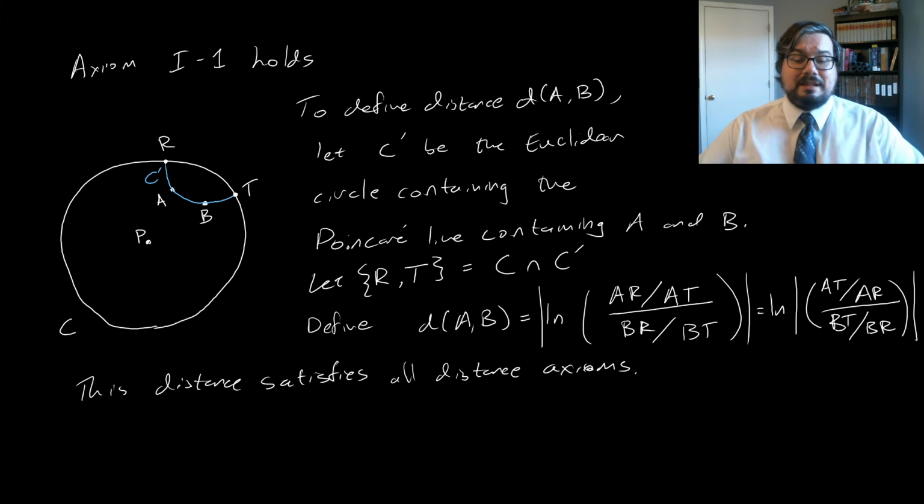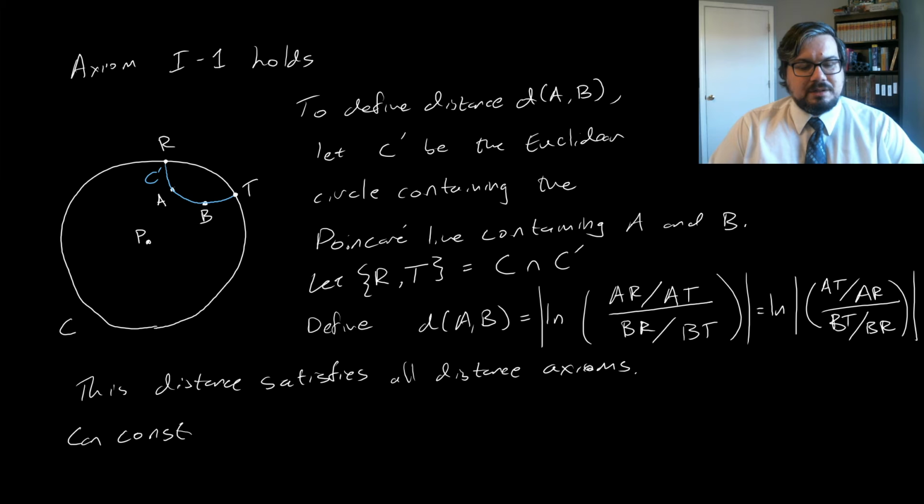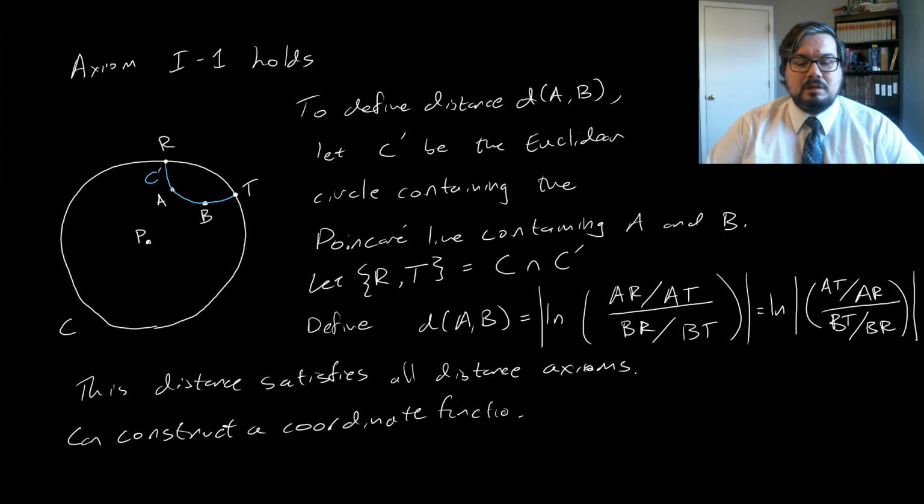It uses the same formula as the distance here. So we can construct a coordinate function on the line AB, where this is the Poincaré line.